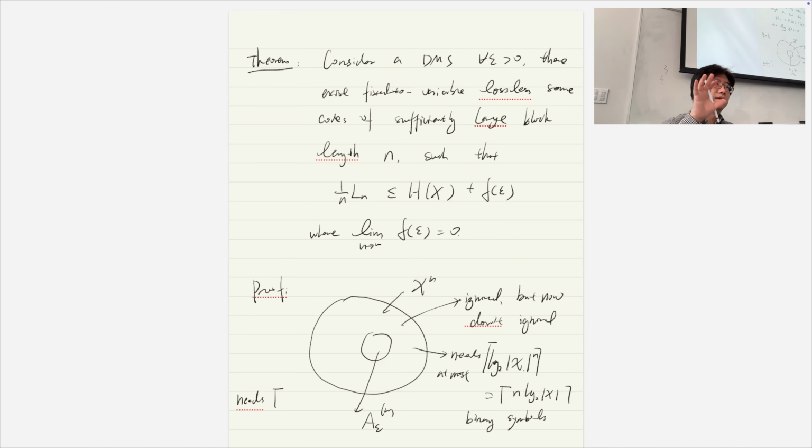The size of the typical set is 2 to the power n times H. So now we just need n times (H(X) plus epsilon) bits. We covered that before. So for each codeword here, we need this number of bits, and for the codeword here, we need this number of binary symbols. Are we done?